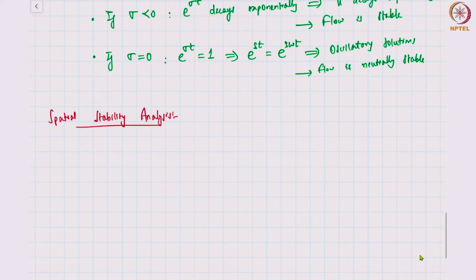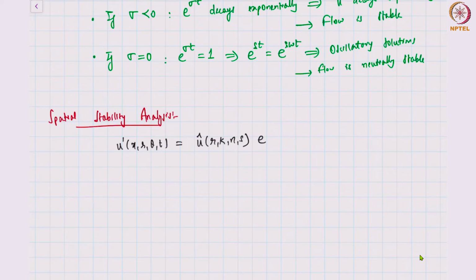So the equivalent would be u hat of r, x, r, theta and t would be something like u hat of r, k, n and s. Now the difference is that you say it is something oscillating in time.